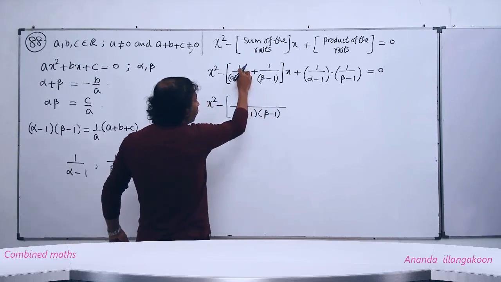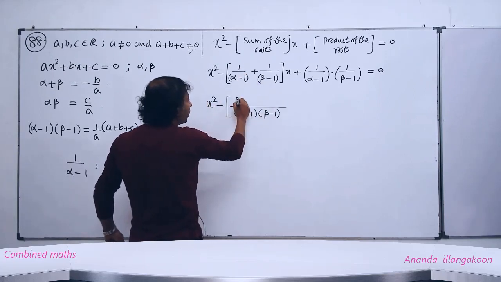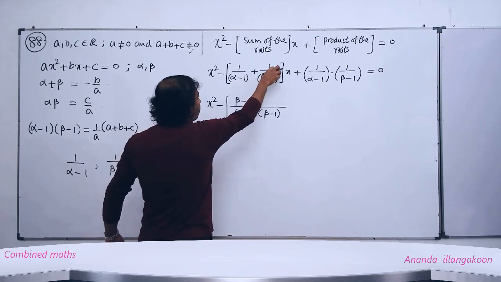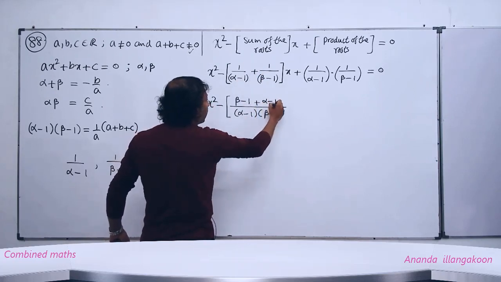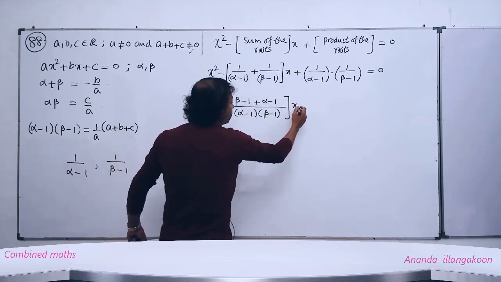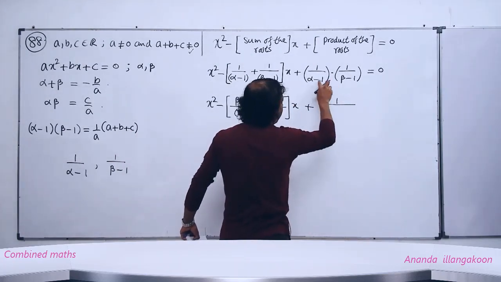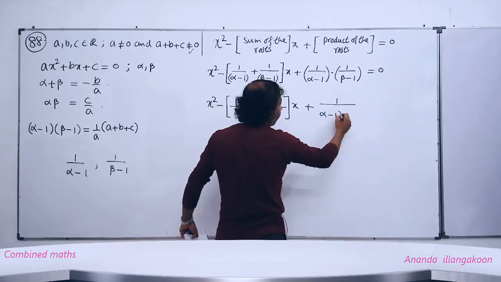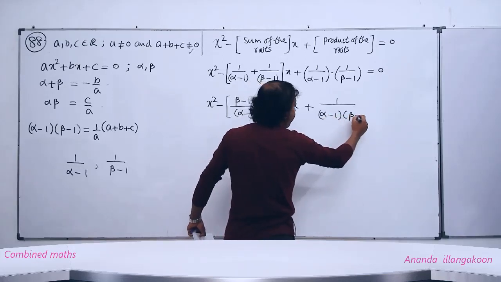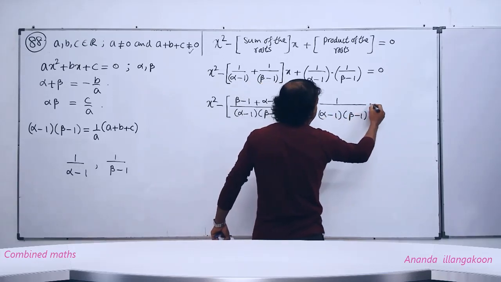You multiply this 1 by this beta minus 1, this by this alpha minus 1, times 6, plus 1 upon (alpha minus 1)(beta minus 1) equals 0.